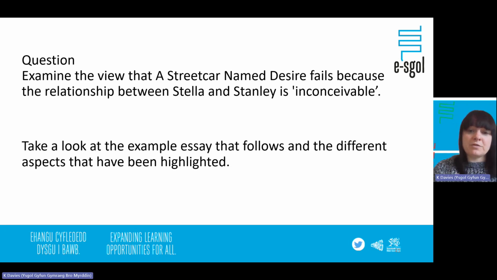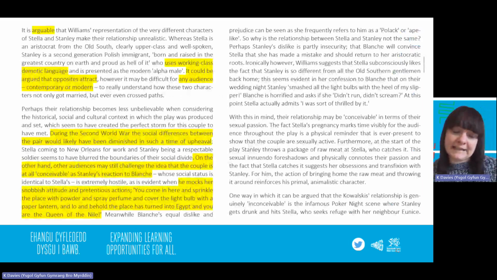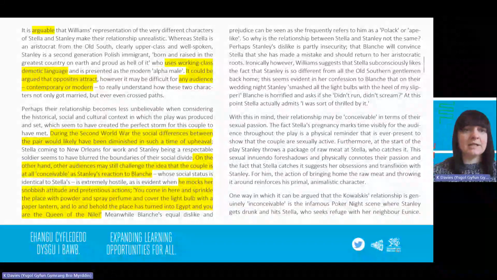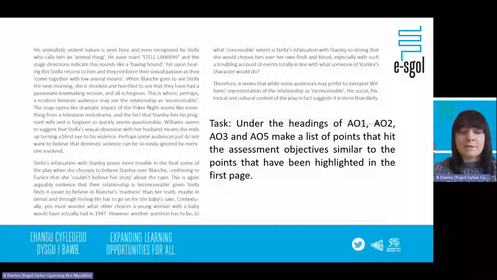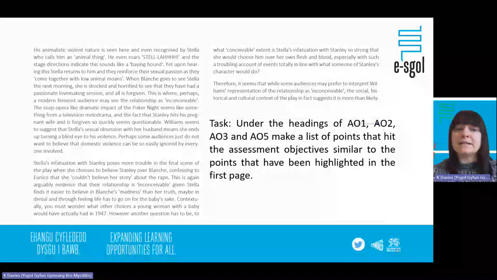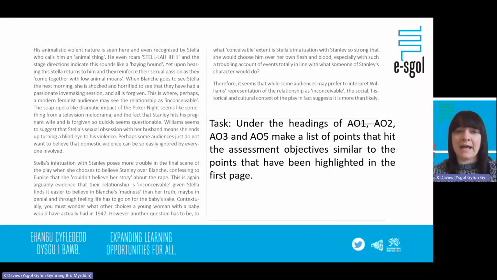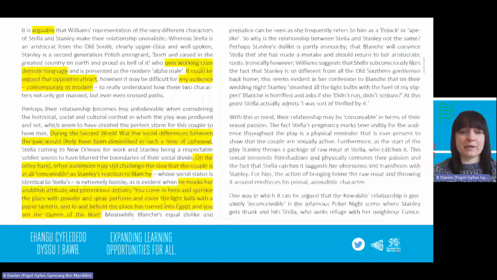What I want you to look at is what's been highlighted initially. I've highlighted certain aspects in this example essay, but what you're going to be asked to do is, under the headings for AO1, AO2, AO3, and AO5, make a list of the points in this essay that you feel hit the assessment objectives, similar to the points that I've highlighted on that first page.